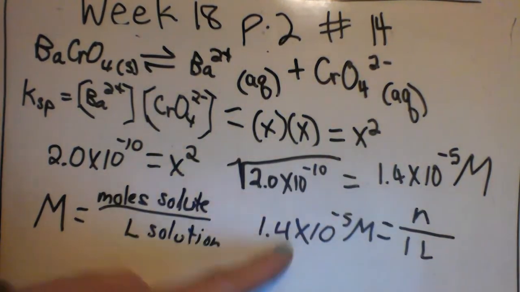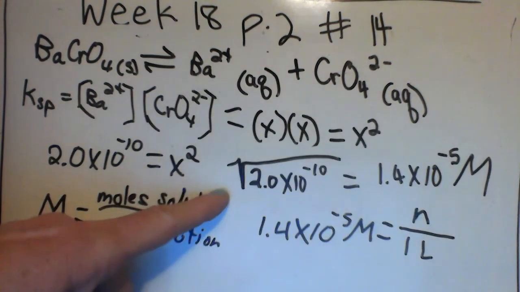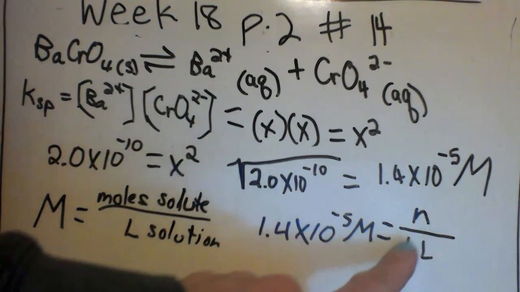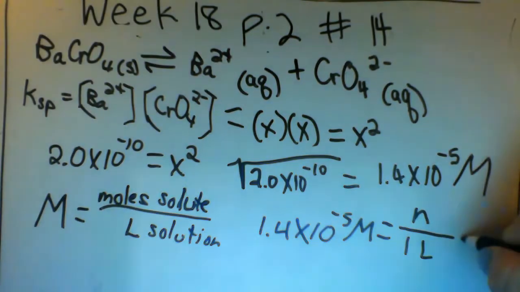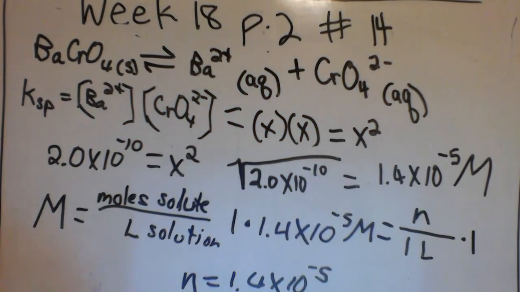So this is the replacement for molarity. n tells us the number of moles, and we have 1 liter under here. So we have to get rid of what's on the bottom of the fraction by multiplying both sides by 1. That tells us that the number of moles of the solute is 1.4 times 10 to the negative 5th, and that answers our question.